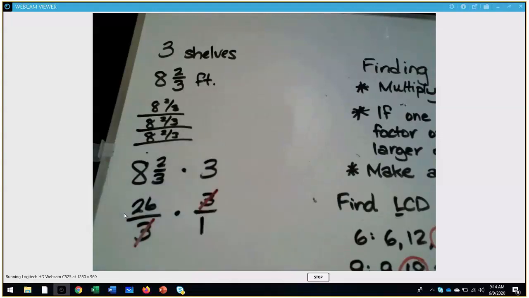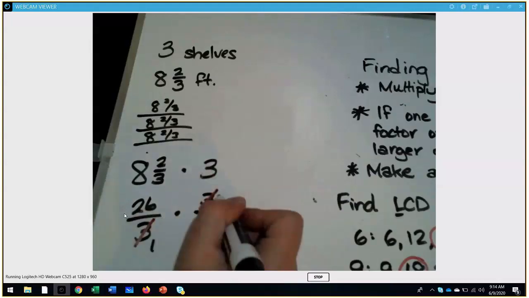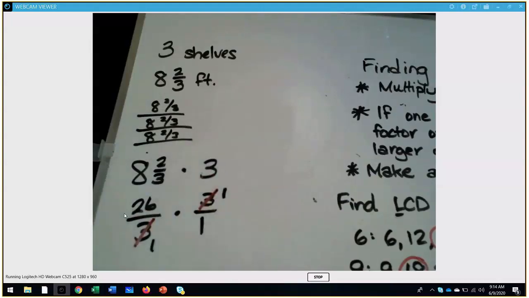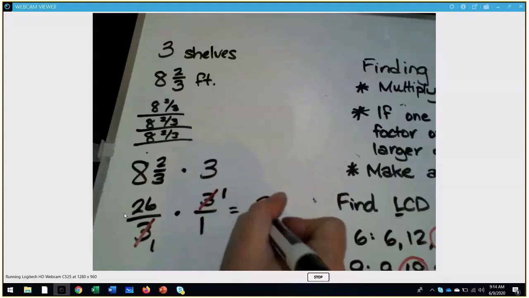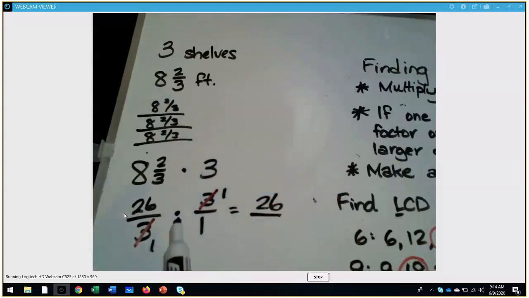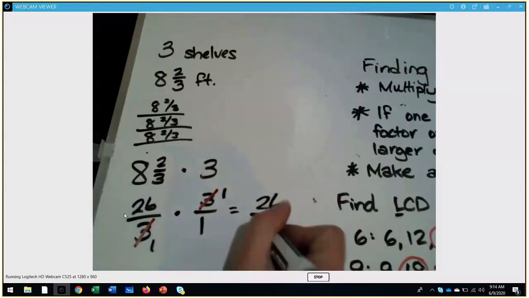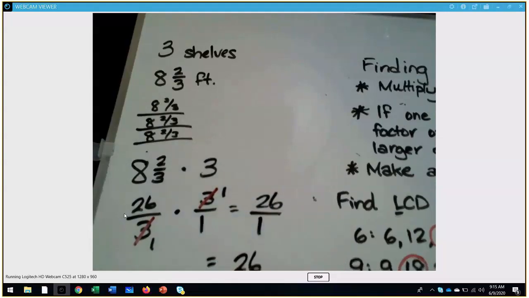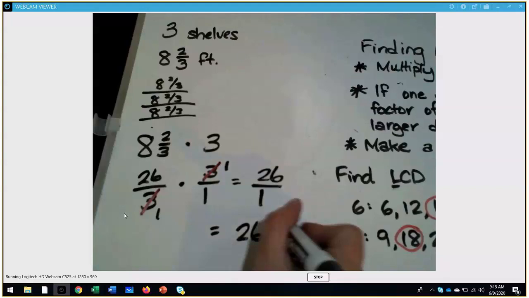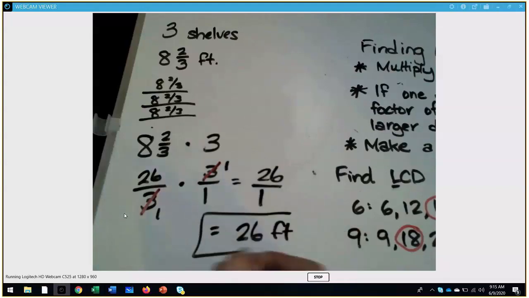It's like dividing them both by 3. 3 divided by 3 is 1. 3 divided by 3 is 1. And then just go straight across. So 26 times 1 is 26. 1 times 1 is 1. So he's going to need to buy 26 feet. He wants 3 shelves.